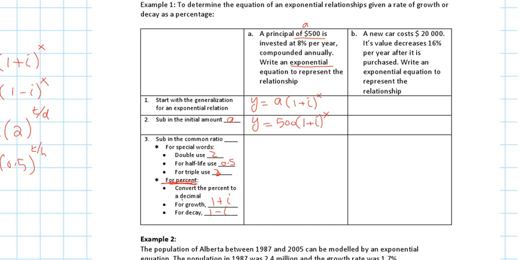So we've already written the equation like this, so I don't have to worry about all of these rules, because I've already picked the right formula. So what am I going to plug in for i? 0.08, because I have to change my percentage to decimal, and I do it divided by 100, and I plug it in for i. So that gives me an equation of y equals 500(1.08) to the power of x.